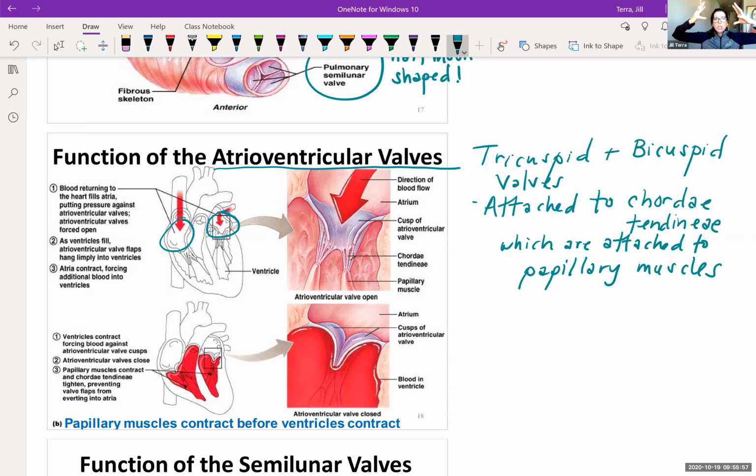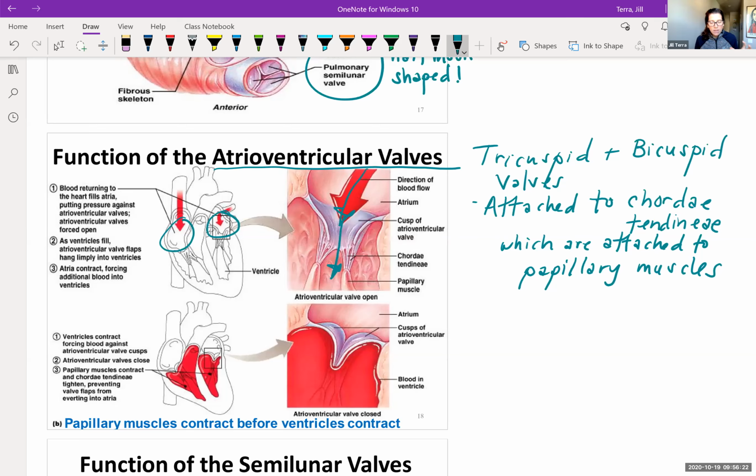As the blood is filling up in the atria, I think of these valve pieces as kind of like little kitchen doors that can easily swing open, right? And so because the blood's flowing from the top, they can easily swing down into the ventricles. And that's what we see here. They swing down, they're kind of down in the ventricle here, and then blood can continue on into the ventricle.